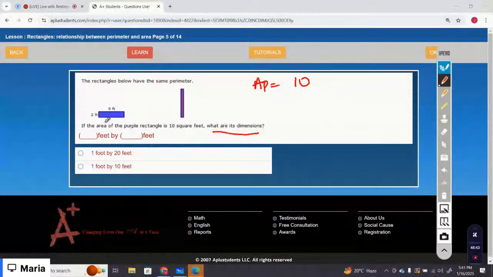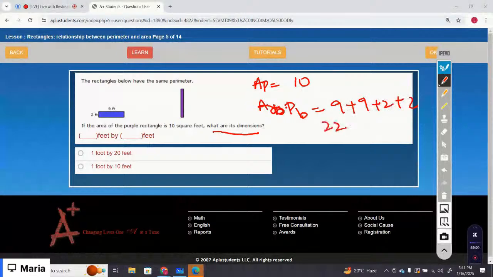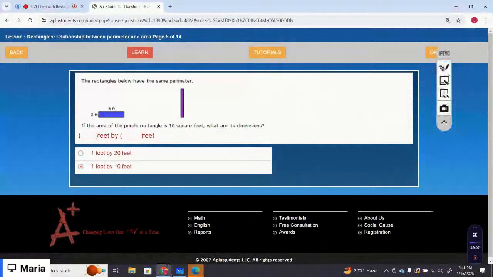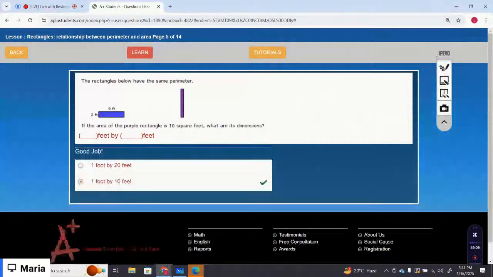You need to calculate dimensions. The perimeter of the blue one is 9 plus 9 plus 2 plus 2, 18, 19, 20, 21, 22. So the dimensions of the purple will be 1 foot by 10 feet. Okay, you can complete the lesson by yourself later today.